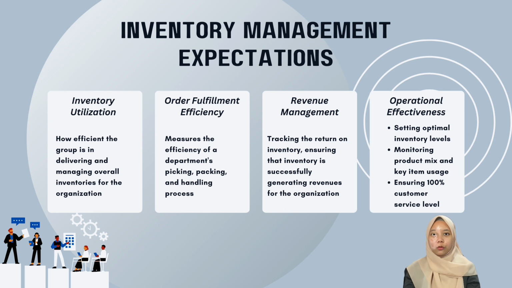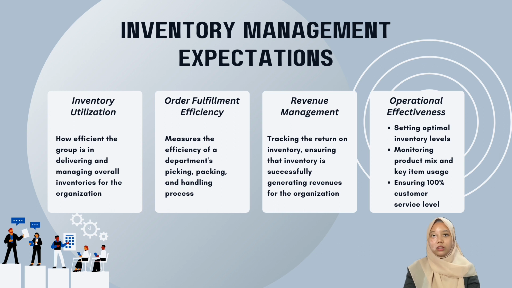Inventory is responsible for maximizing revenue sources such as pharmaceutical items, medical supplies, or durable medical equipment. Capturing 100% of the potential revenues and minimizing the associated expenses is the goal. Tracking the return on inventory as calculated earlier ensures that inventory is successfully generating revenues for the organization.